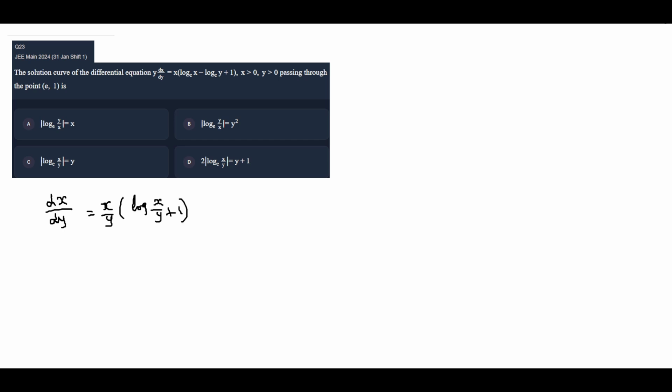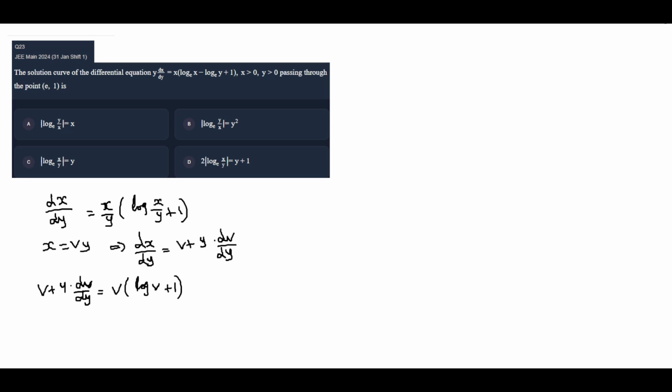So consider x equal to vy, which implies dx by dy is v plus y into dv by dy. Replace x as vy, so v plus y into dv by dy is equal to v into log v plus 1.